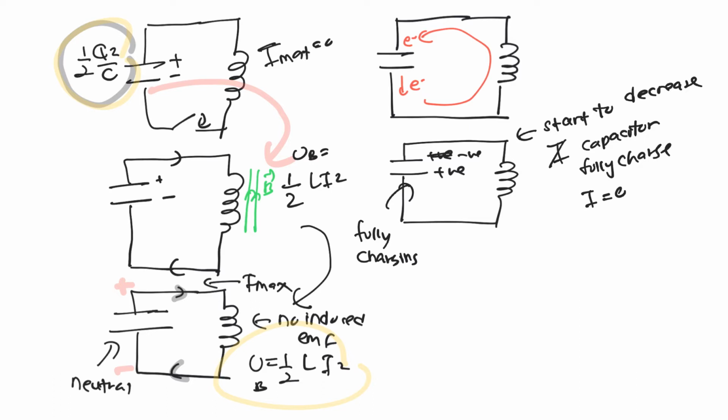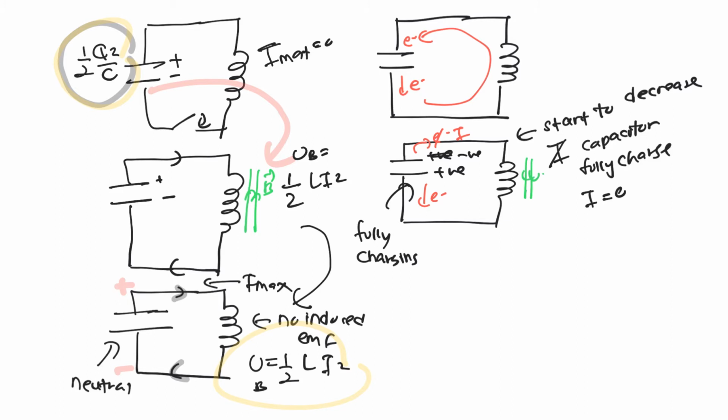What is the direction of the induced current in the inductor over there? Right now, because the electron flow is here, the conventional current flows in a clockwise motion. Because the current starts to decrease, the rate of change of current decreases, so the induced current is going to be in the same direction.